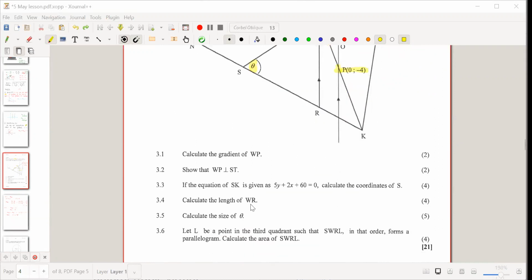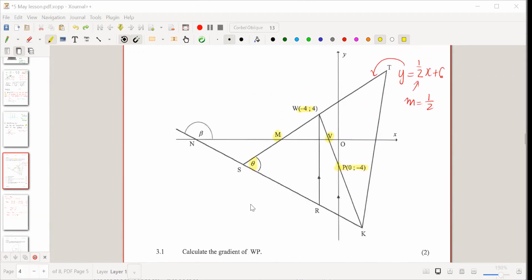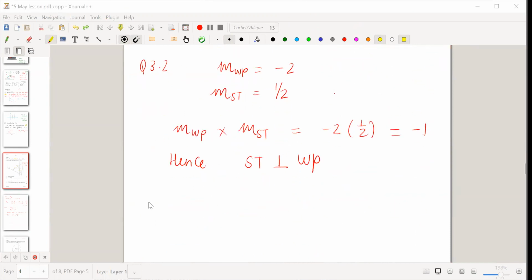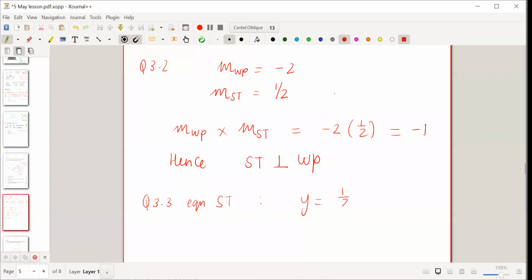Okay, so ST is half x plus 6. Question 3.3. This is the equation of ST. Y equals a half x plus 6.